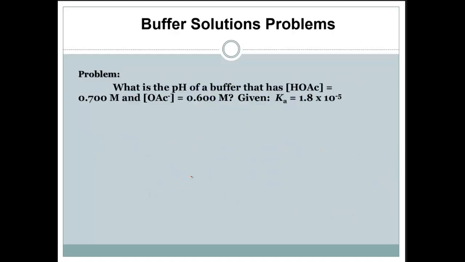Let's do this mathematically just to make sure we're right with our reasoning. So what is the pH of a buffer with HC2H3O2, which is acetic acid, alright, so we have 0.70 molar of the acetic acid, and we have 0.60 molar of the acetate.